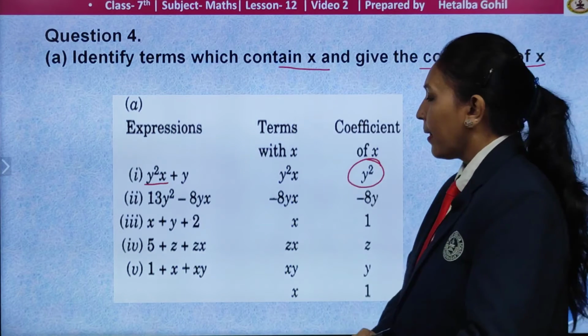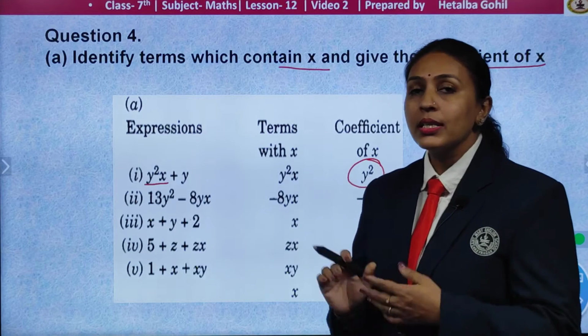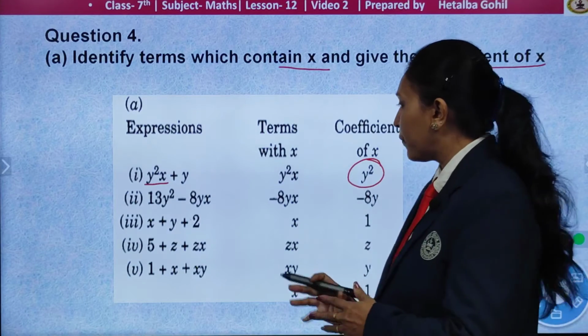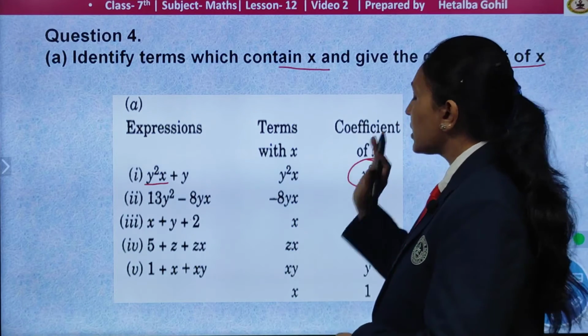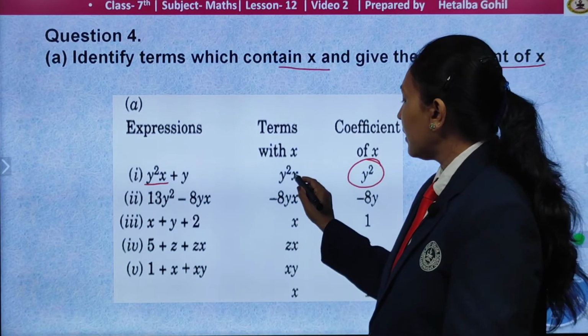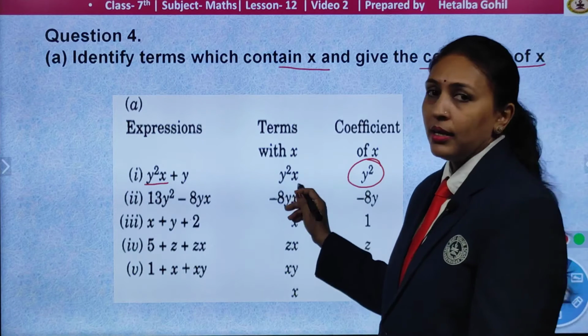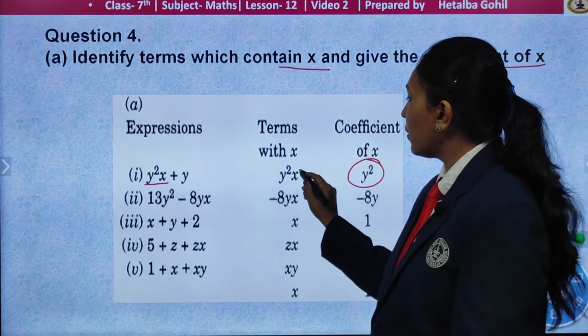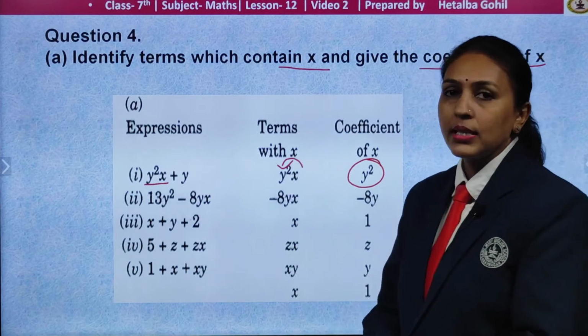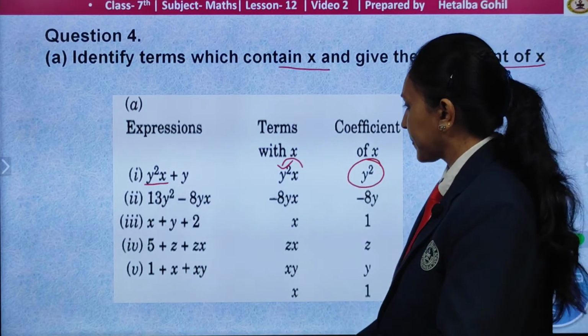Y square. Because it is not told to us the numerical coefficient, the remaining factors of that particular variable are its coefficient too. That means here y square and x are the factors of that particular term, and as we want the coefficient of x, y square is the coefficient of x.